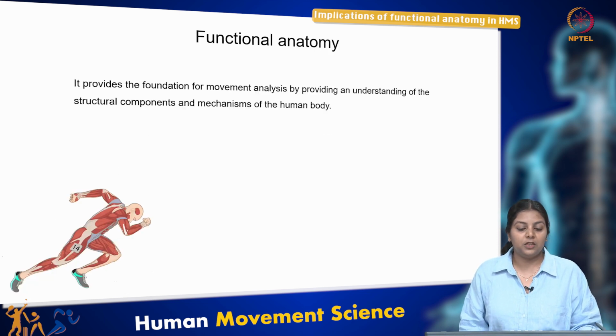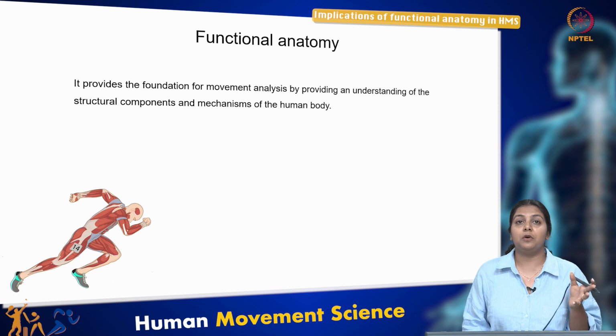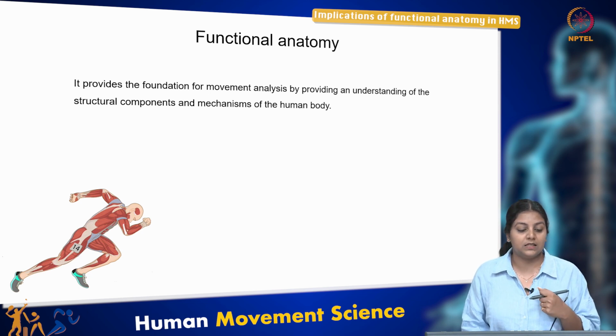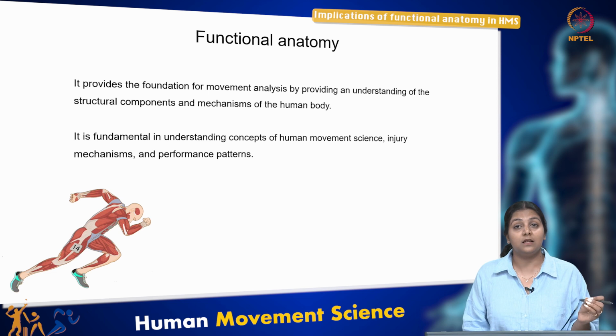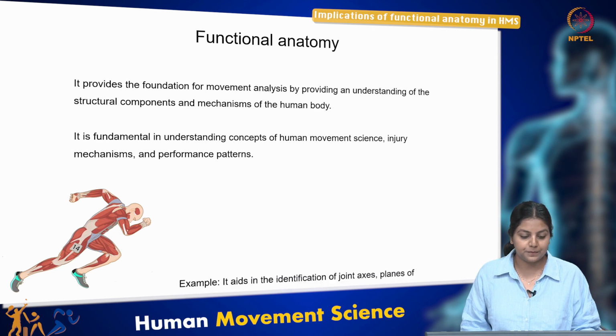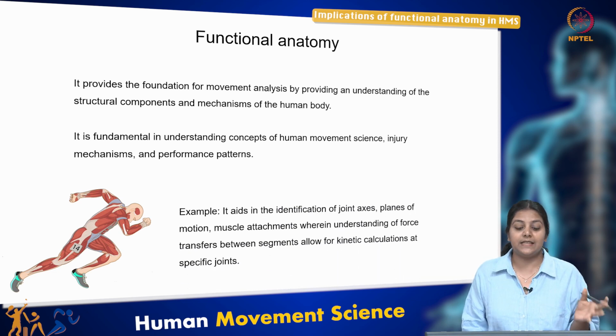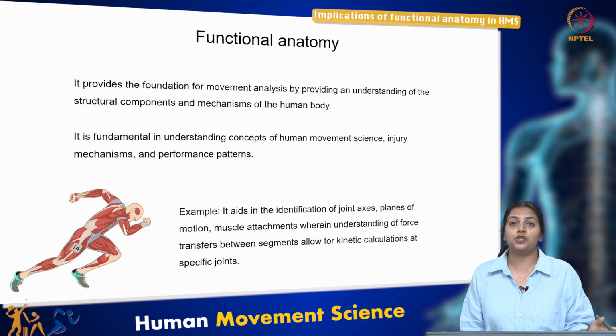So functional anatomy, just a quick recap, it provides the foundation for movement analysis as it provides an understanding of the structural components and the mechanisms in the human body. It is fundamental in understanding the concepts of human movement science, injury mechanisms and performance patterns. For example, it aids in the identification of joint axes.